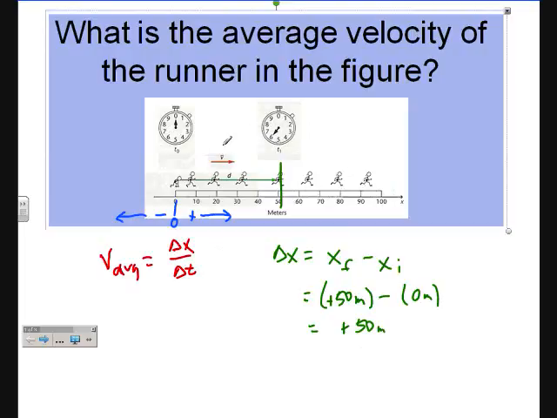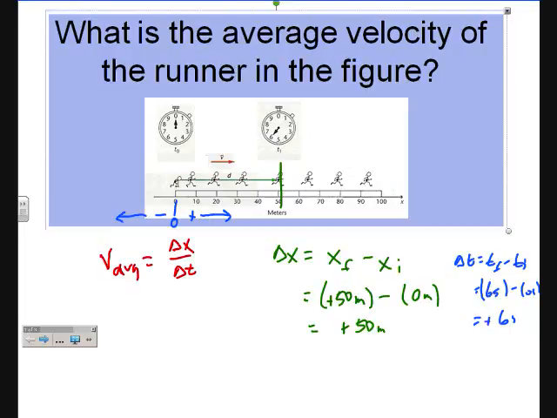Then if you look at the stopwatches, delta t is the same thing: t final minus t initial. The final time looks like it was 6 seconds, minus the initial time, which was 0 seconds. So we end up with a delta t of 6 seconds. You better make sure you have positive delta t's, because if you have a negative change in time, we have an issue.